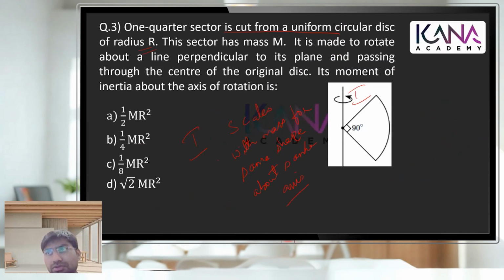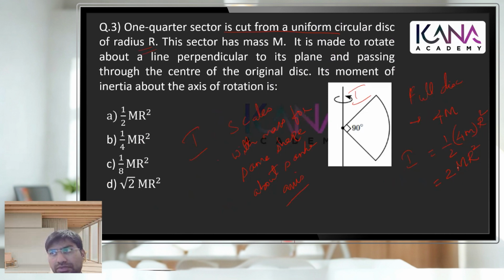For the full disk, the mass would be 4 times M. So I full about the center will be half of 4M R square, so it will be 2M R square. The quarter sector is 1/4 of the full disk.